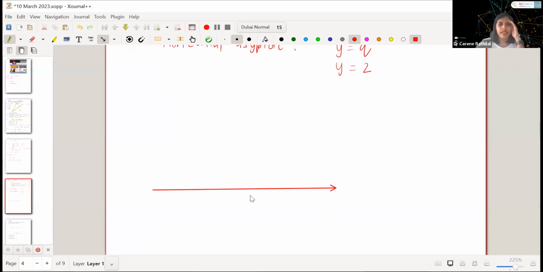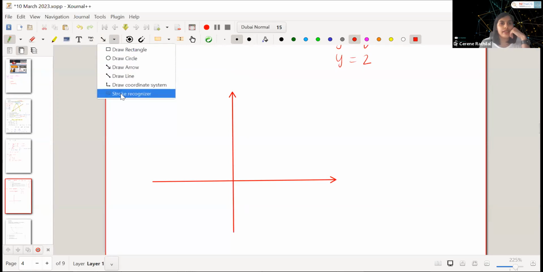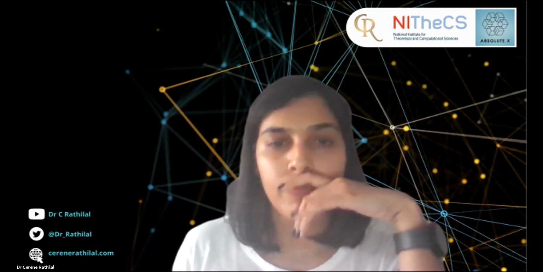That's my x, and this is my y. Now I need to draw x equals 1, and then y equals 2.